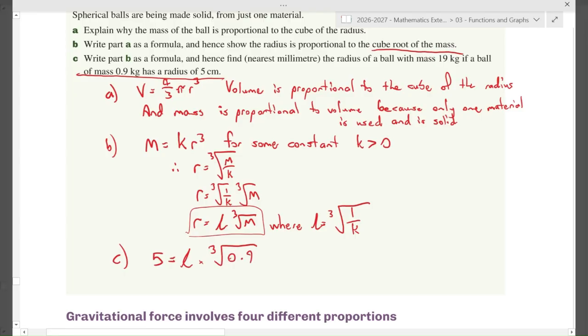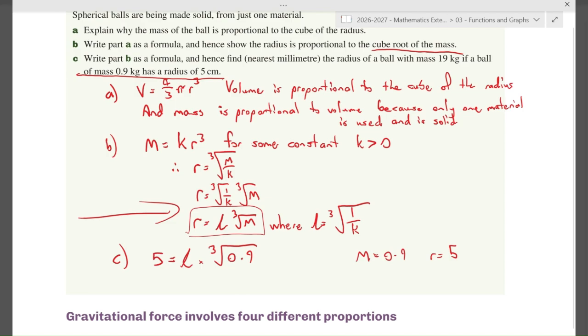So I've replaced the m. So m equals 0.9 and r equals 5. Happy with that? So I have replaced it in this formula here. I have replaced the r with 5 and the m with 0.9.